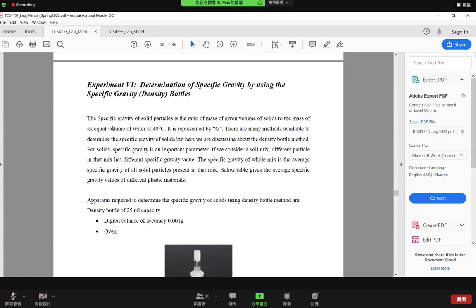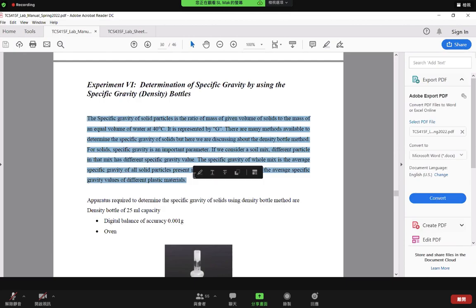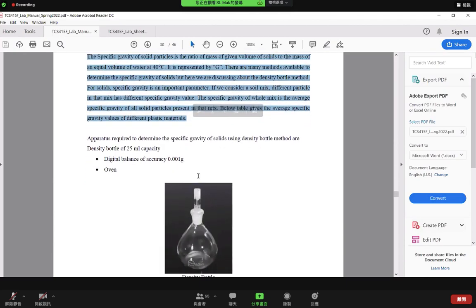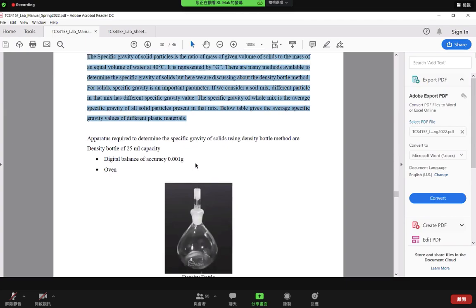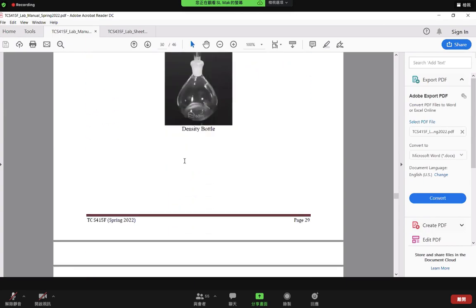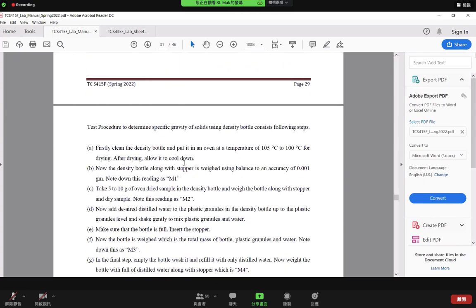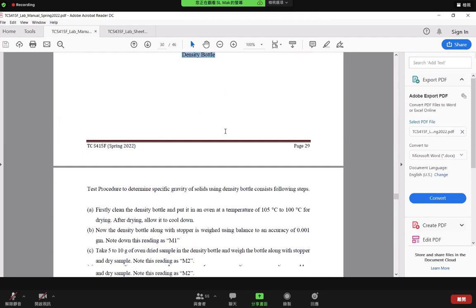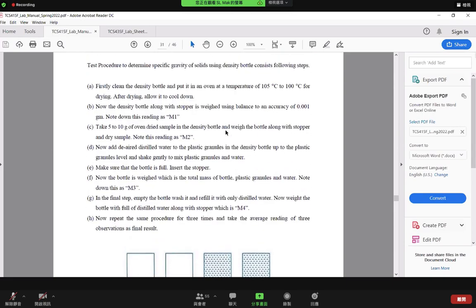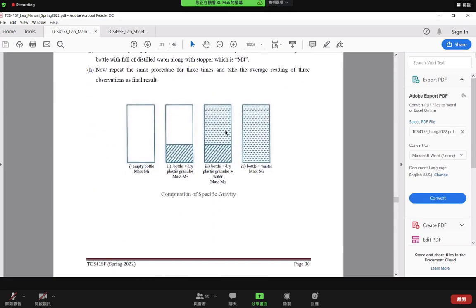It was a standard method applied in jewelry, but for other materials such as plastic, we will use a density bottle to check the specific gravity. We will demonstrate how we use the density bottle. Just follow this one step by step to do.